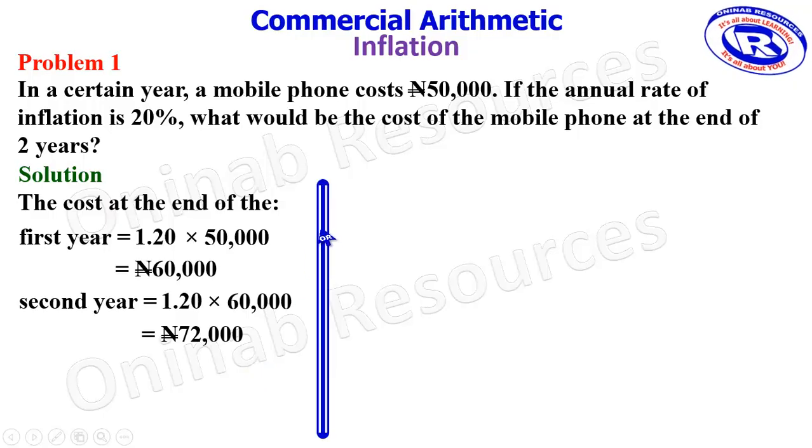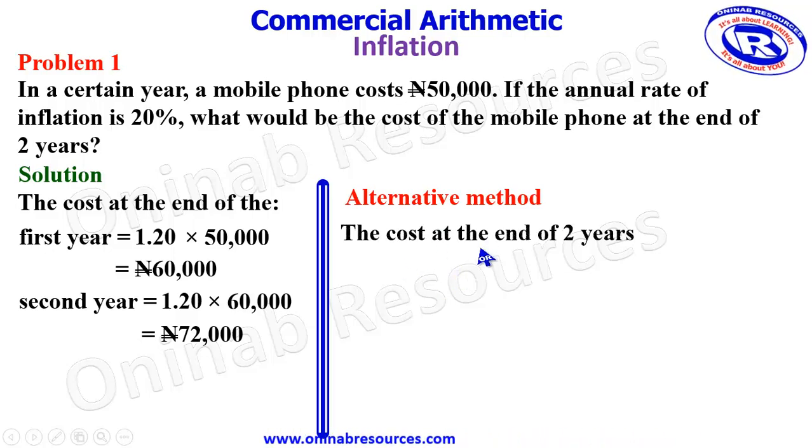Then the alternative method is to use a formula. So we go straight to calculate the cost of the mobile phone at the end of 2 years. So we are going to have it as 120%, that is 1.20 raised to power 2.